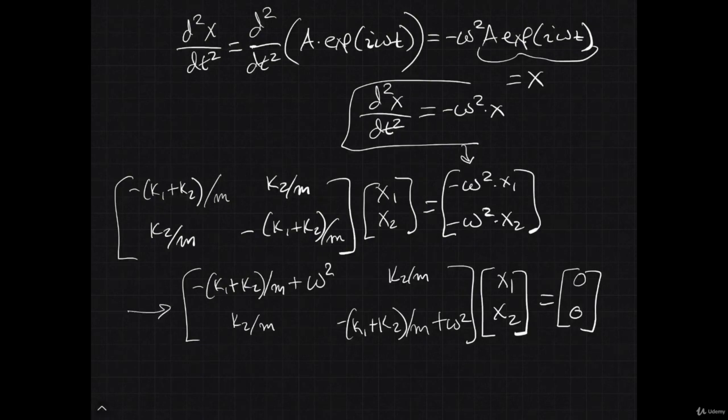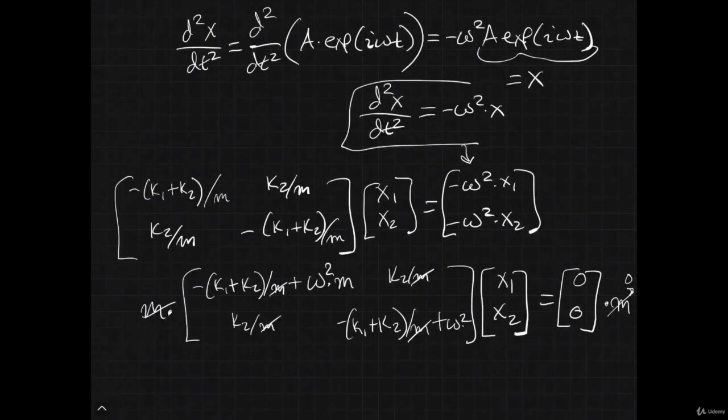Just to make this a little simpler, I can multiply this entire matrix by m, and because I can multiply both sides by m, the right side just turns into 0. These terms cancel out, but we have to multiply this omega squared by m, right?